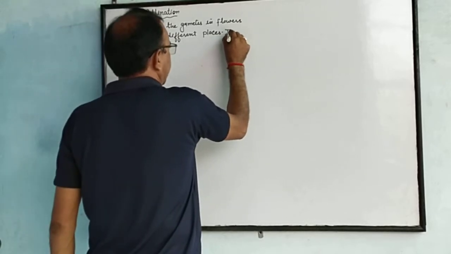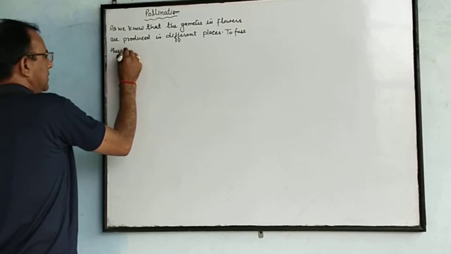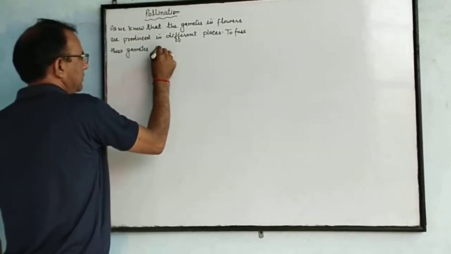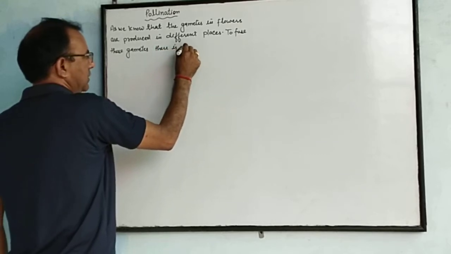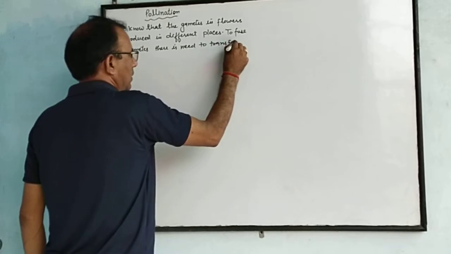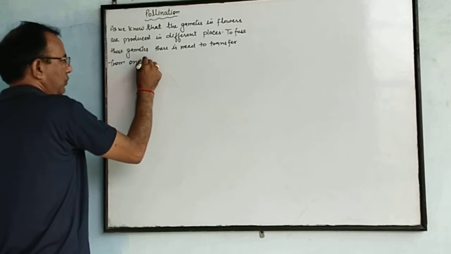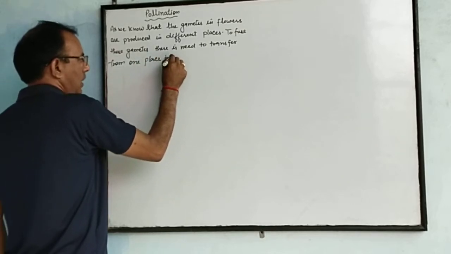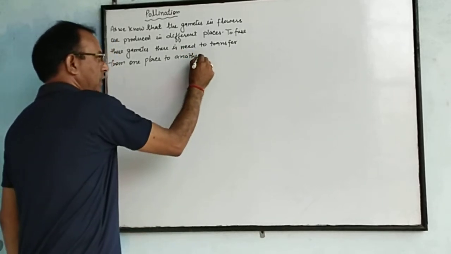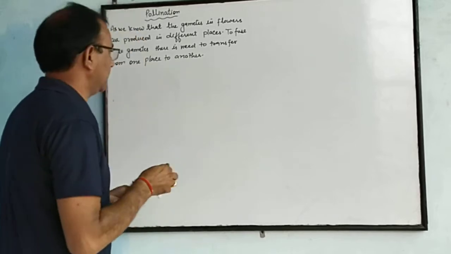To fuse these gametes, there is a need to transfer them from one place to another. This transferring of male gamete from anther to stigma is known as pollination.